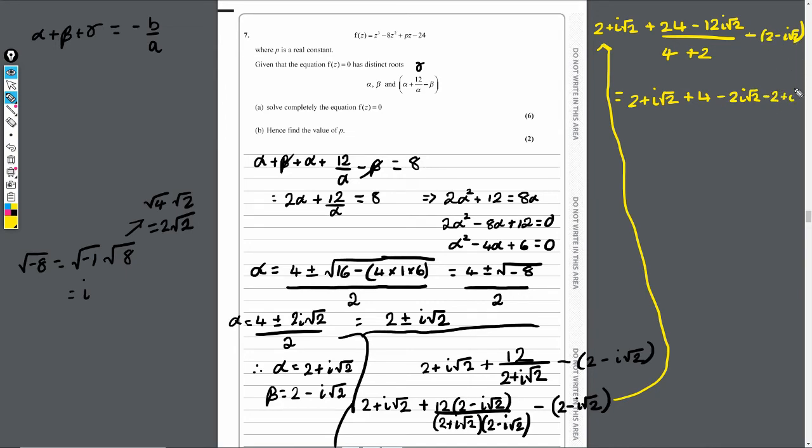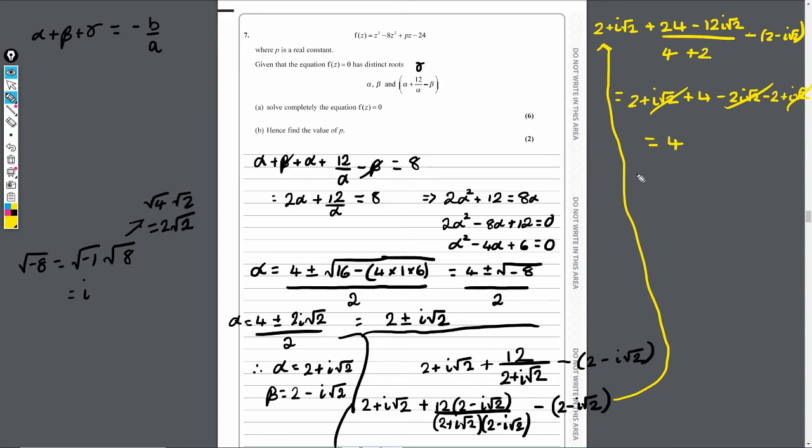Okay, just multiply that out by the negative. Well, if you look at each term here, what will actually happen? You've got 2 lots of i root 2 and you've got your minus 2 i root 2, so they cancel with that. And I've got 2 plus 4 minus 2, so that just gives me 4. So my third root here, my final root gamma is equal to 4.